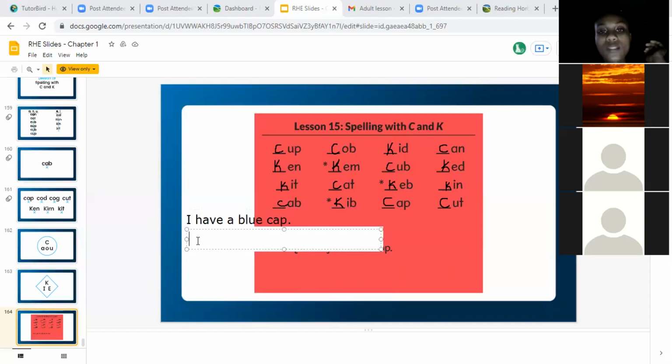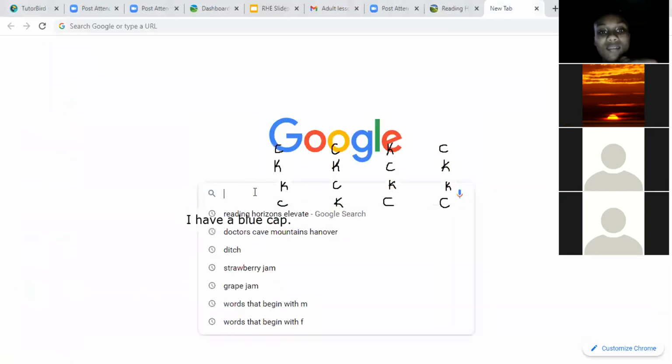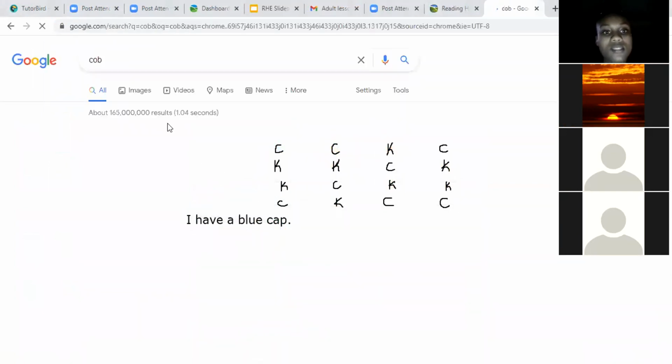Who can use cob in a sentence? What is cob, miss? All right, let me show you. I can still see the picture.